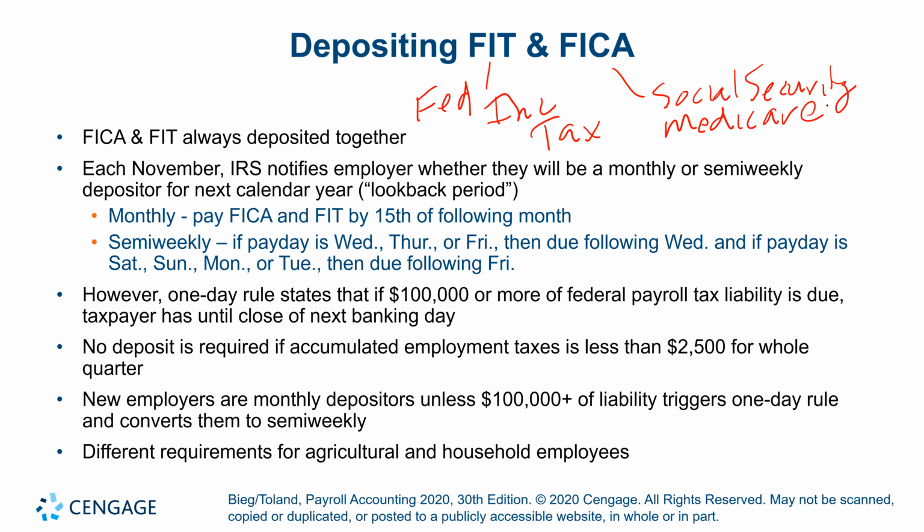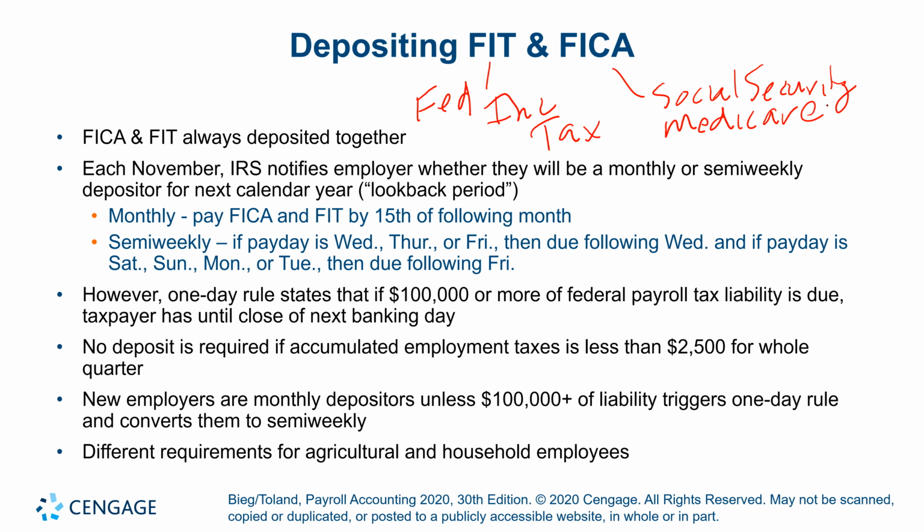So when we get to the end of 2021, in November of 2021, the IRS would look at the last 6 months of 2020 and then the first 6 months of 2021 to determine how often the company has to pay into the electronic tax payment system, right?